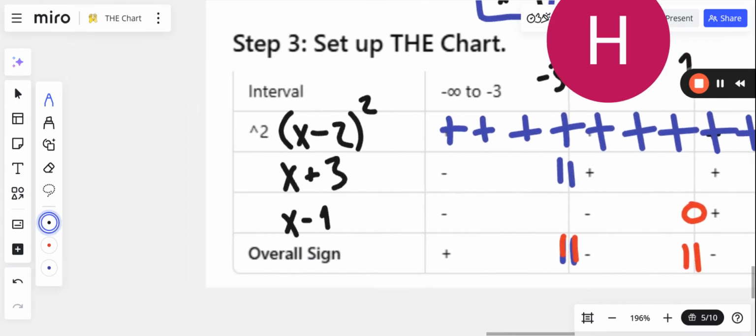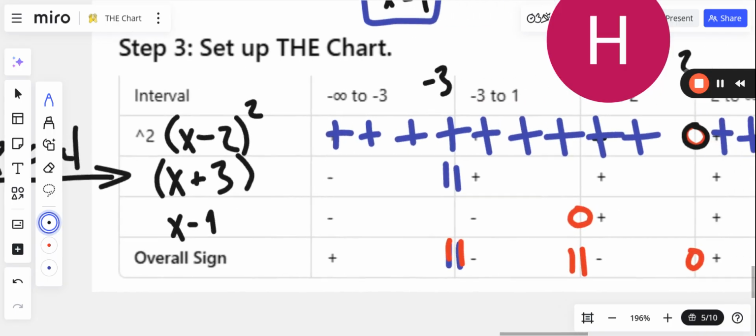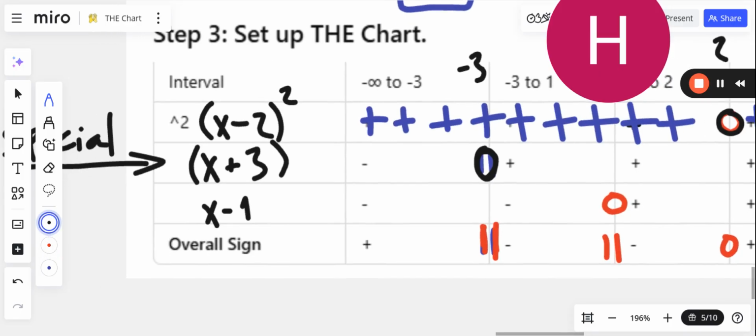Now this factor is a special factor because it's on the top and the bottom. This is the one that canceled. So when x equals negative 3, it doesn't really quite equal 0 because the top does equal 0 and the bottom does equal 0. But what does that mean for the overall fraction? That means there's nothing going on there. It's really weird because you can't divide by 0.